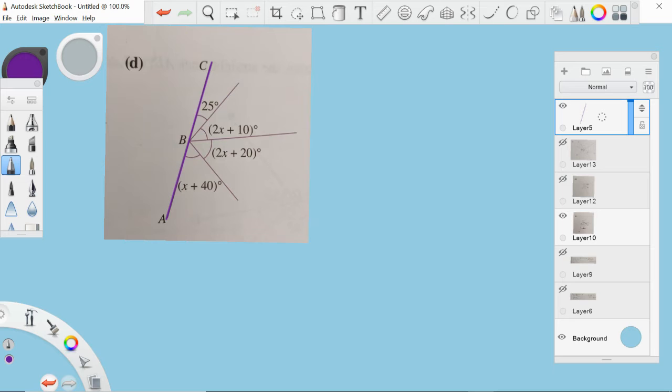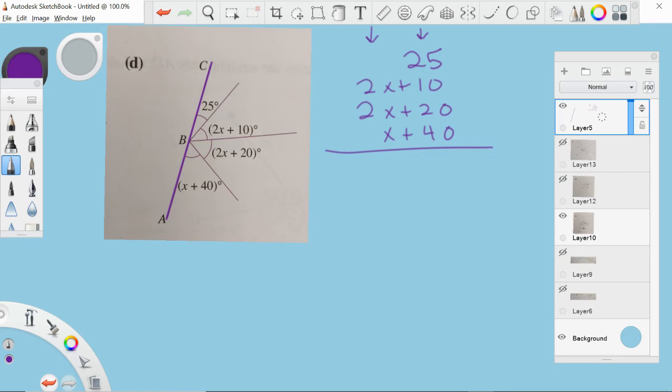I'm going to do this vertically. I've got 25, I've got 2x plus 10. Notice how I'm stacking the constants here, and I'll put my variables over here. I've got 2x plus 20, and then I've got x plus 40.